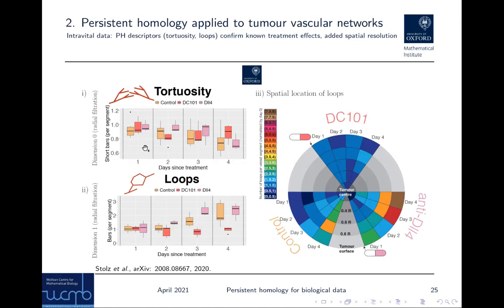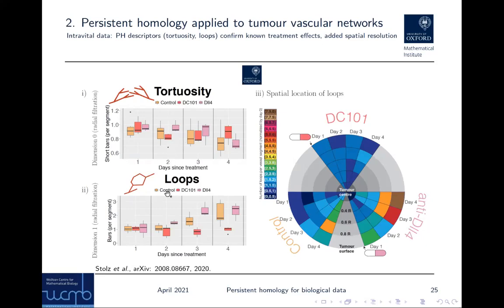And you can see that for tortuosity, for example, here we've got the days since treatment. So on day 2, you can see that the pink group really has increased tortuosity versus the red group, which has been treated to be more normal looking vessels, which has reduced tortuosity.